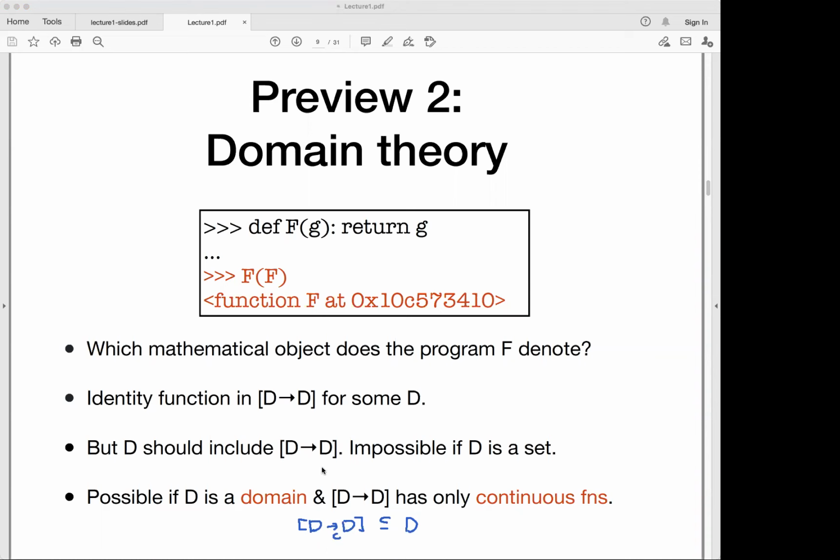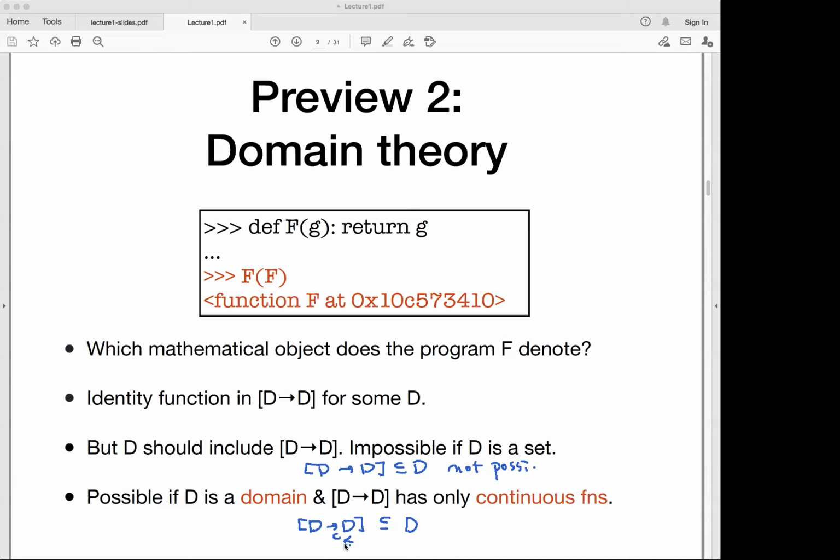I said this is not possible in a set. But if we impose some structure on D and then consider only continuous functions, then this becomes possible. So what that actually means is that domain theory is an abstract way of characterizing what kind of functions you can write in programming languages.